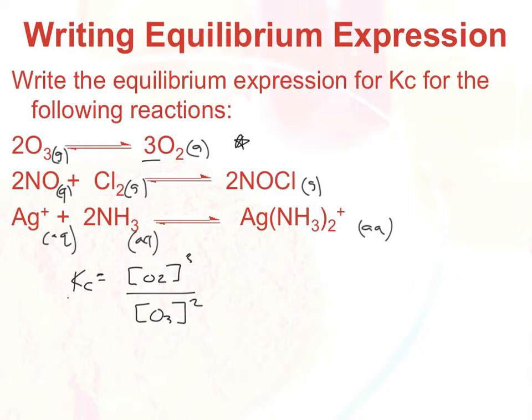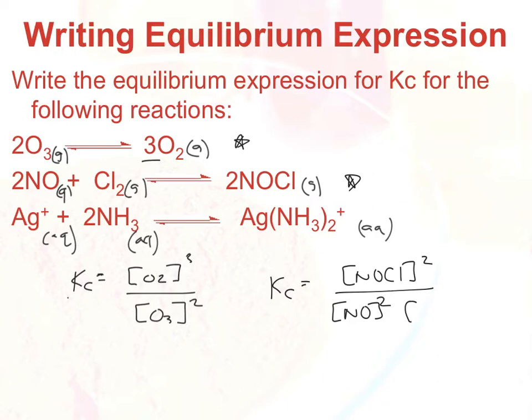If we start with this next one here, we're going to go ahead and write our equilibrium constant. Once again, products to the power of the coefficient in front of that product over our reactants as such. And that's our equilibrium expression for the second one.